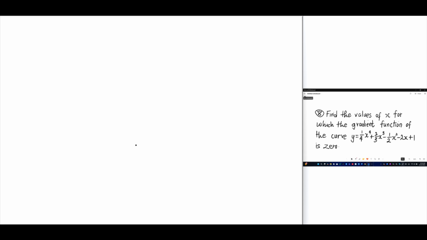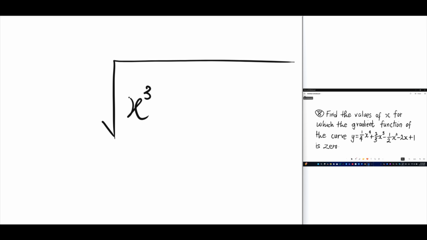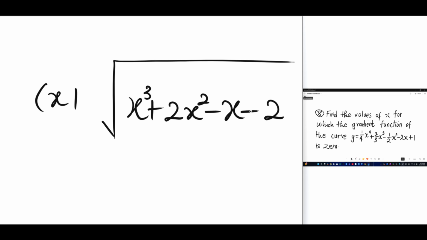So let me draw my division. Okay, so I have x cubed, then plus 2x squared, then minus x, then minus 2. And I'm dividing it by x plus 1.